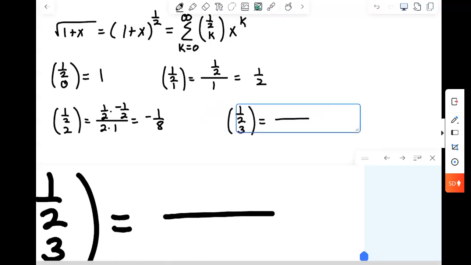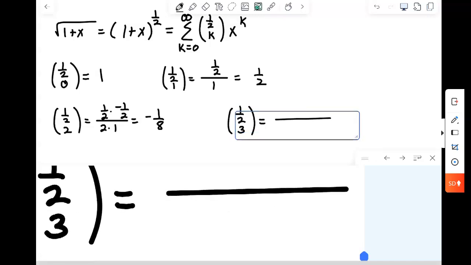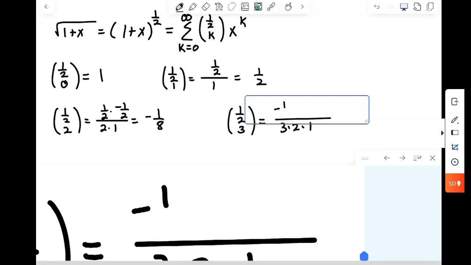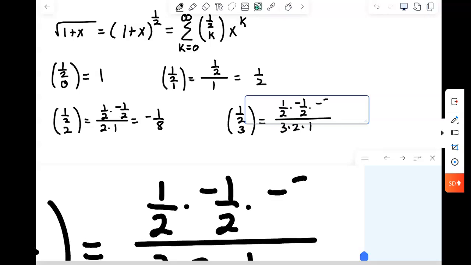We'll have 3 factorial on the bottom, 3 times 2 times 1. On top, that'll be 1/2 times negative 1/2 times negative 3/2.